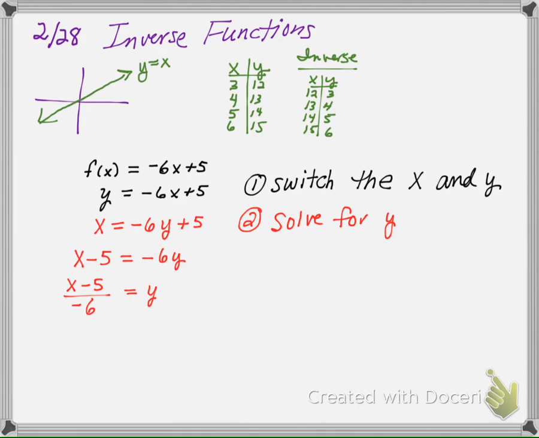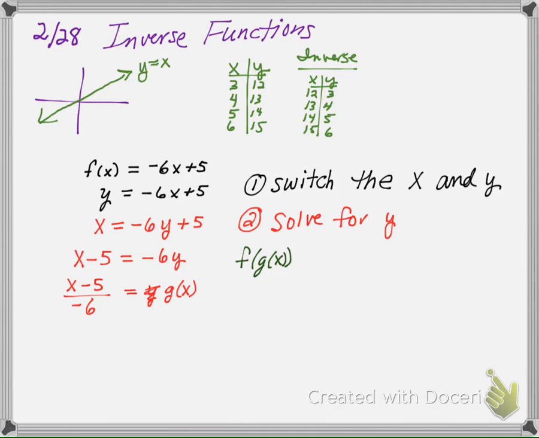And as long as we don't simplify this anymore, verifying that they're inverses is pretty easy. So in yesterday's work, when we wrote our new function, instead of y, we just called it g of x, right? Now you don't have to call it g of x. I'm just doing it for this example. So that way it makes sense when we say, let's find f of g of x.